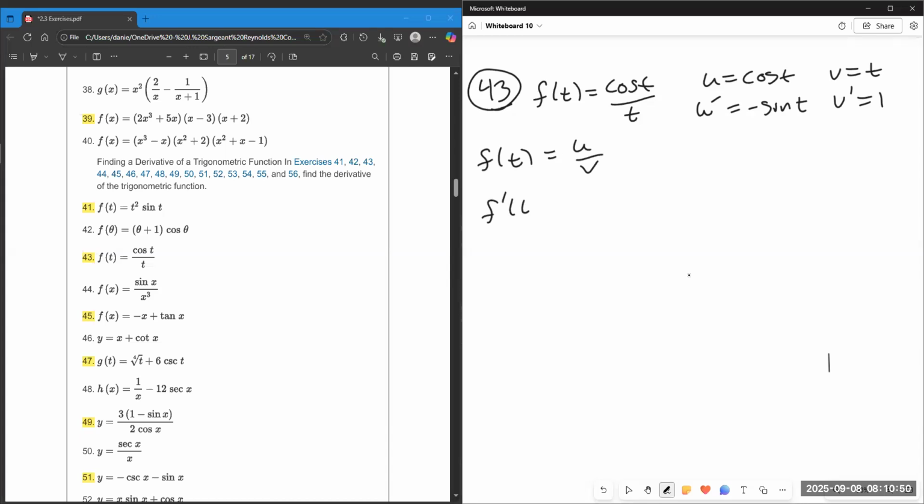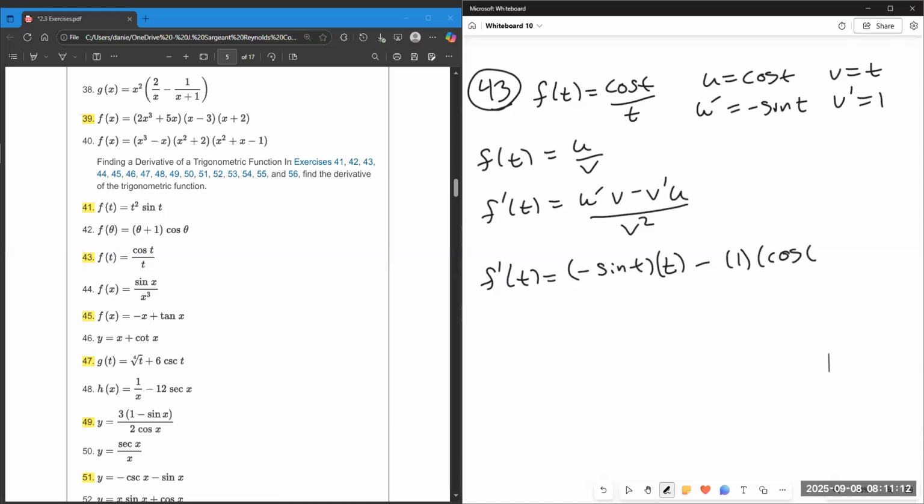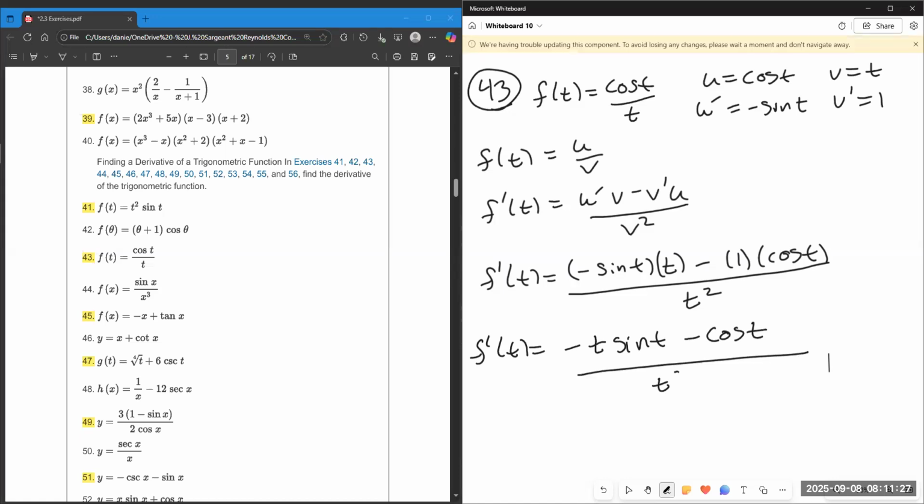F prime of t is equal to u prime v minus v prime u all over v squared. F prime of t is equal to a negative sine of t times t minus 1 times cosine of t over t squared. So f prime of t is a negative t sine of t minus cosine of t all over t squared.